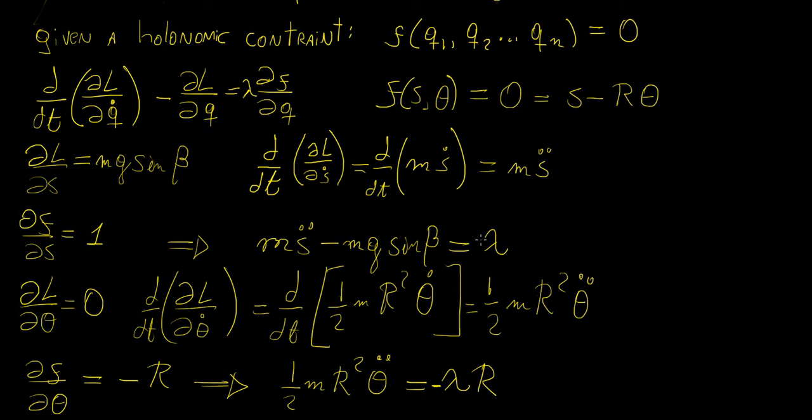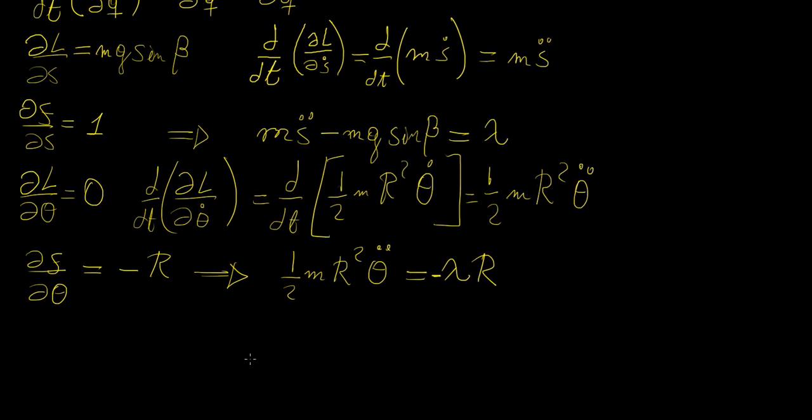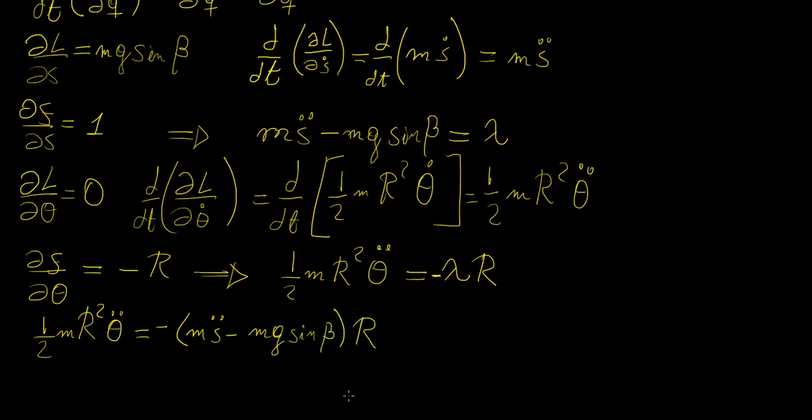Now the next thing we're going to do is we can do a substitution. So basically we can substitute lambda here by this whole expression. So that's going to give us the following. We're going to have half of mr squared theta double dot equals to minus ms double dot minus mg sine beta times the radius r.